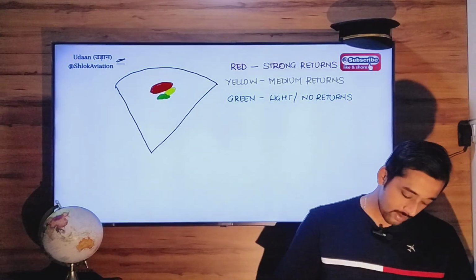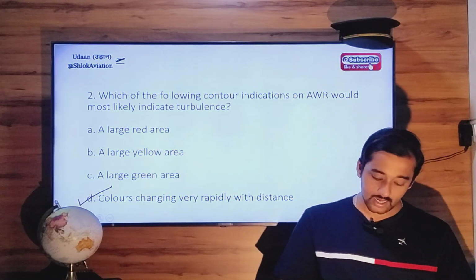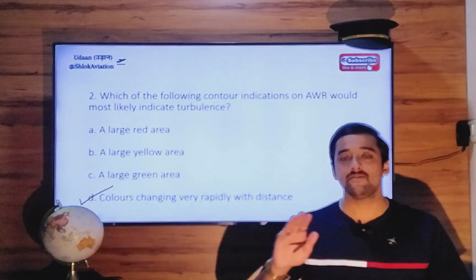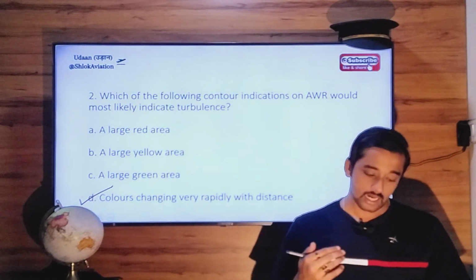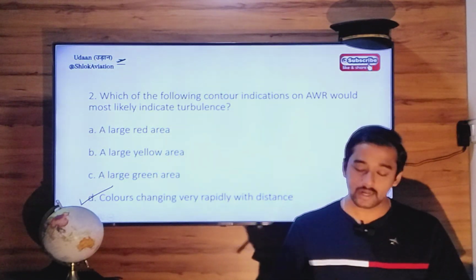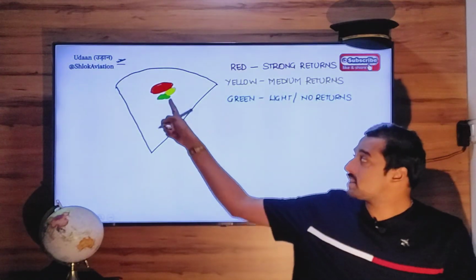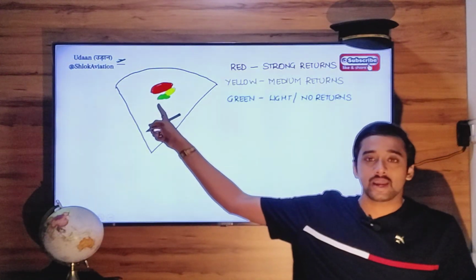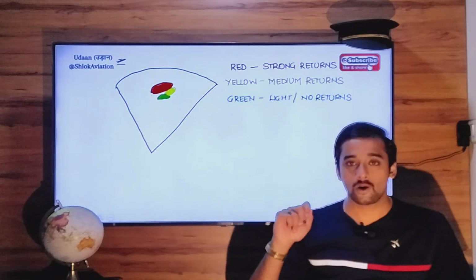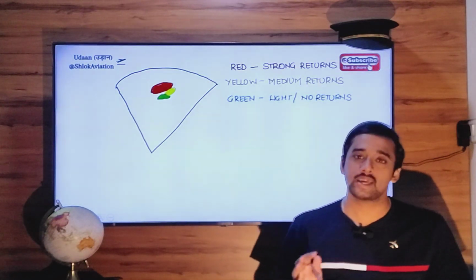Okay, so remember the correct option is option delta. Colors changing very rapidly with distance. This is called color gradient. We can call it gradient or rainfall gradient. That means the region where there is green color, here you are going to get light rainfall, or returns which are light, not that dangerous.